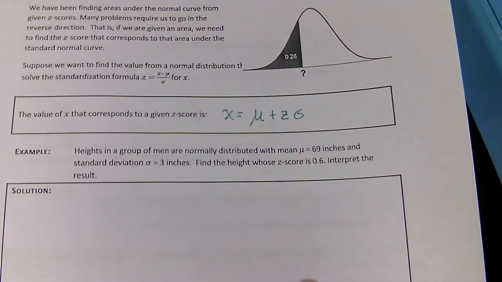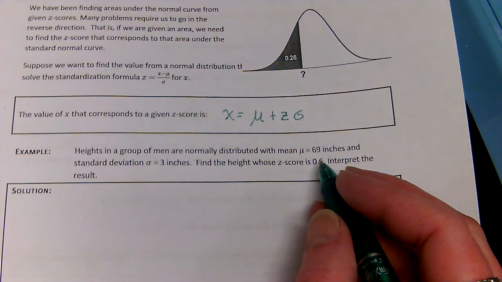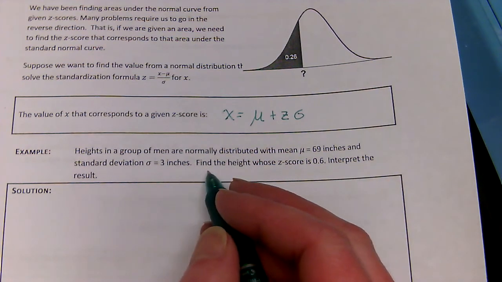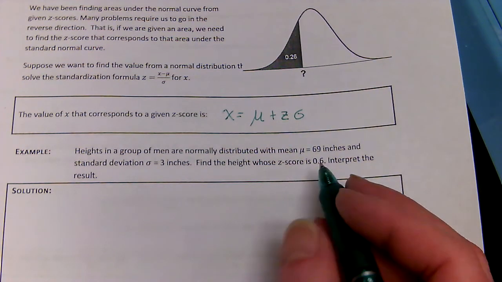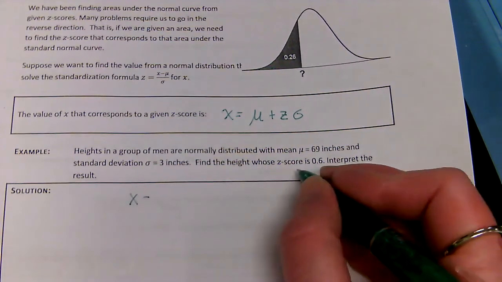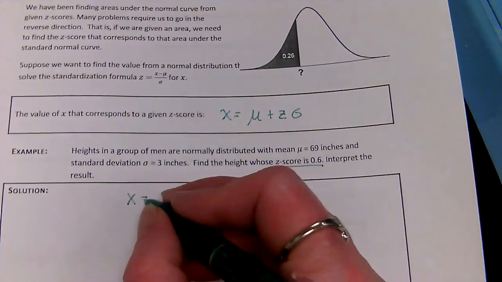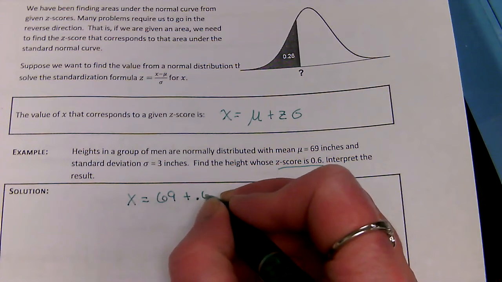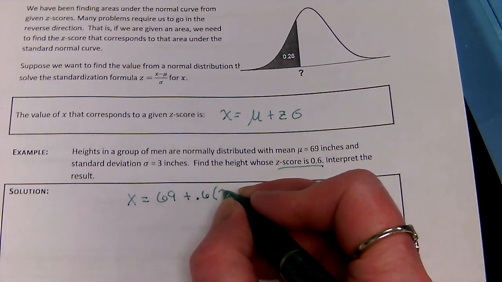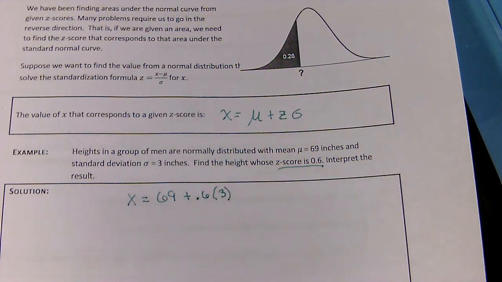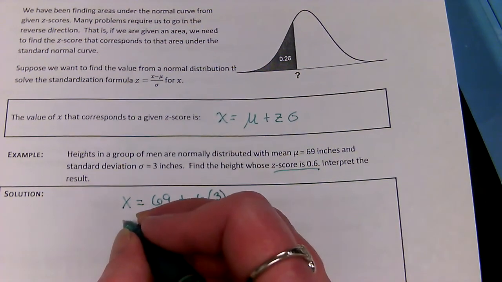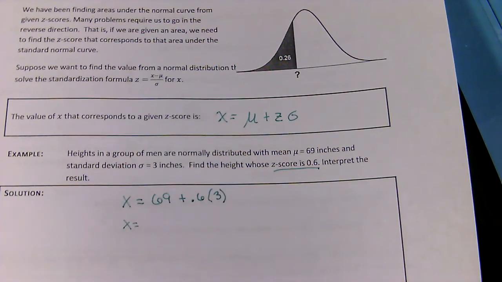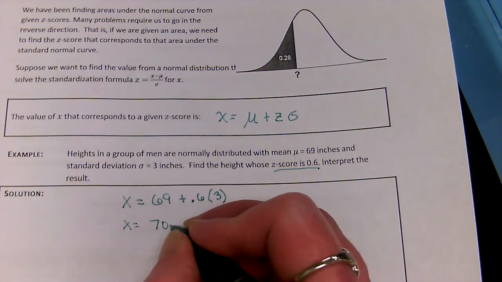Pretty easy. So we have a mean of 69 and a standard deviation of 3. Find the height whose z-score is 0.6. Z-score is 0.6. So the mean is 69. And we're adding to that 0.6 times 3. And that gives me 70.8.